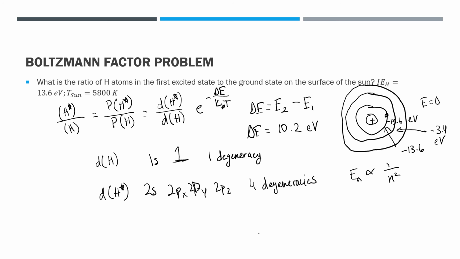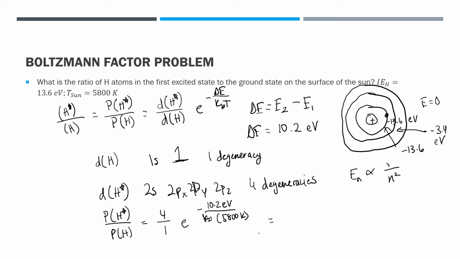Now we're able to plug these numbers into our expression and figure out what the actual ratio is. The probability of H star divided by the probability of H is the ratio of our degeneracies, which is 4 divided by 1, times e to the negative 10.2 electron volts divided by kB times our T, which is 5800 Kelvin.